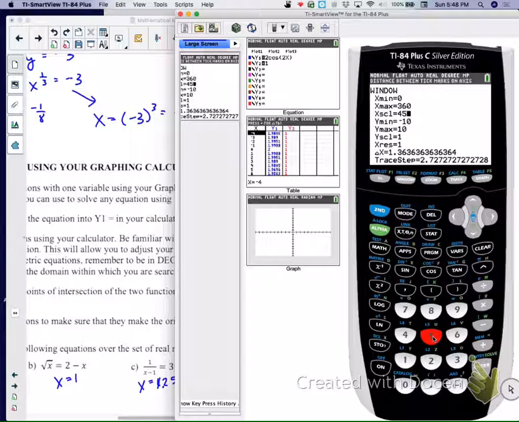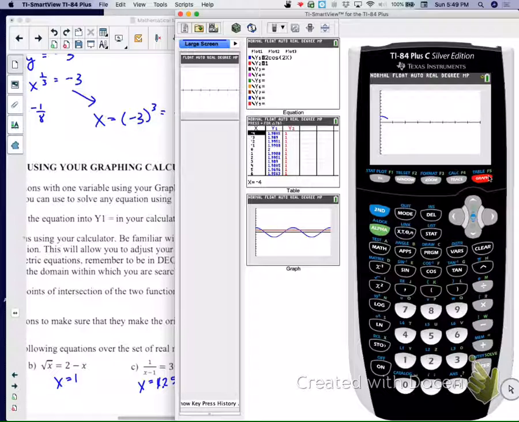It really honestly doesn't matter, because we're going to be using the calculator to solve this anyways. So let's hit graph here. So this is the first graph. And here we go. So this one's going to have a couple different answers here. So we've got 1, 2, 3, 4 answers on this one.